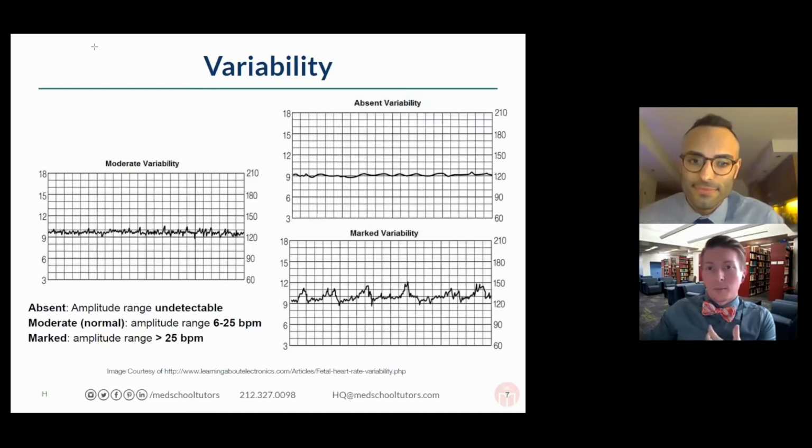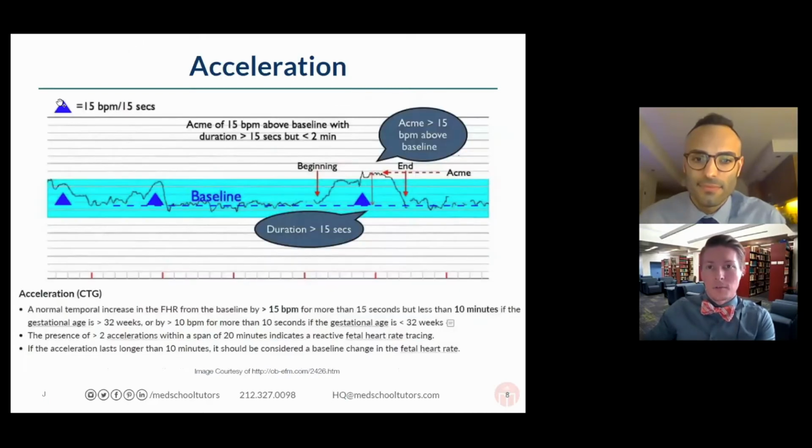Let's go ahead and talk about another key feature that we need to pay attention to that would interfere with the diagnosis of having some kind of tachycardia, and that's an acceleration. So a fetal acceleration is defined by 15s. The number 15 is really important here. It's 15 beats per minute above the baseline for at least 15 seconds in duration.